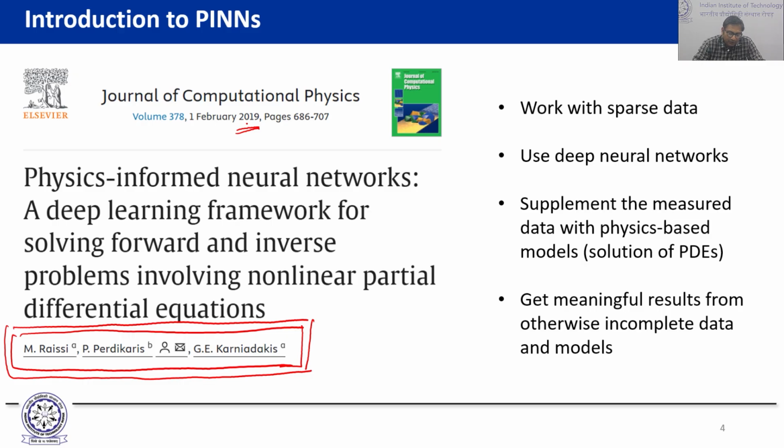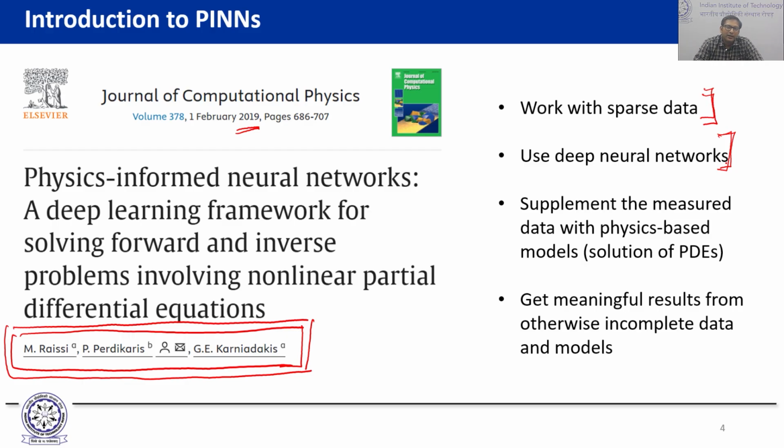Now the advantage when you are working with PINN is, unlike your black box neural network, you can finally start working with sparse data while at the same time using deep neural networks. And then you can supplement the measured data, which would probably be few in numbers, with the physics-based models, which typically will be coming from the solution of the partial differential equations.